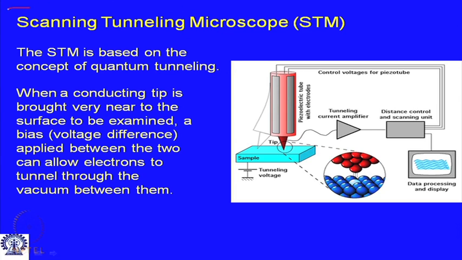So this is what a scanning tunneling microscope is all about. It uses a very sharp metallic tip to scan a metallic or conducting surface.